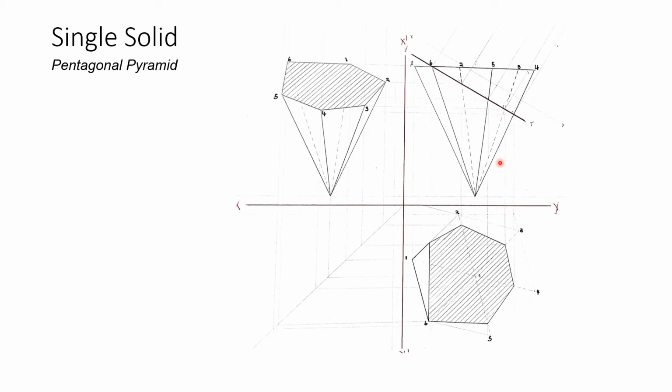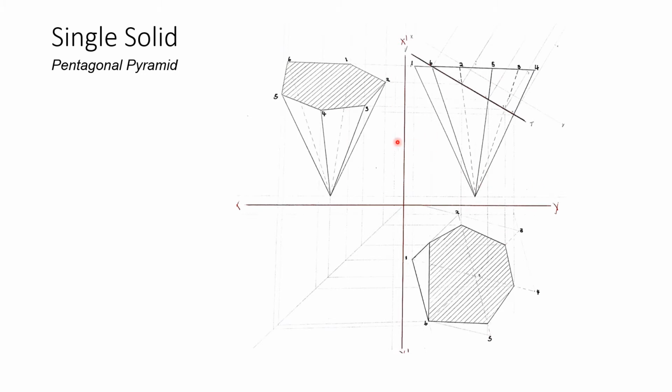That's why in the previous slide I explained the technique of approaching the two drawings as separate drawings, because this pentagonal pyramid, even if there was another solid in contact with it, you would still project it like this as a single solid.